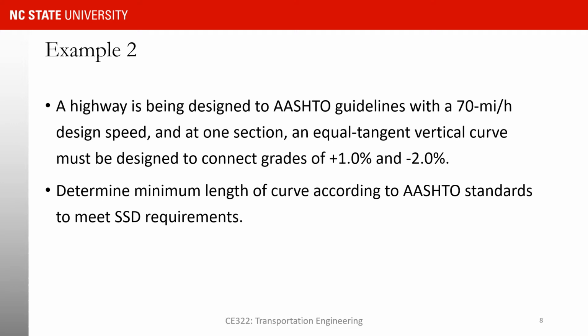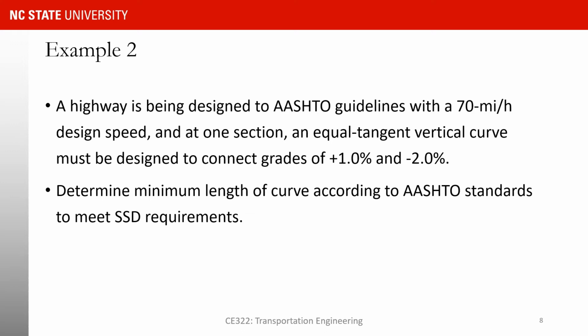So we have a highway that is designed up to AASHTO's guidelines. The design speed is 70 miles per hour. And at one station, we have an equal tangent vertical curve that connects grades of +1 to -2. So this is a crest vertical curve.